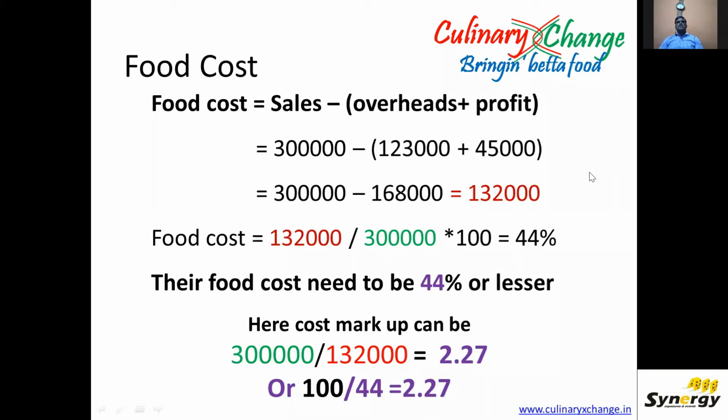If your salary is high, your food cost will also become high. If your profit requirement is high, naturally your food cost percentage will become very, very low. Because suppose you make 100 rupees and you spend 60 or 70 rupees on profit and overhead, you will have only 30% left for food cost.